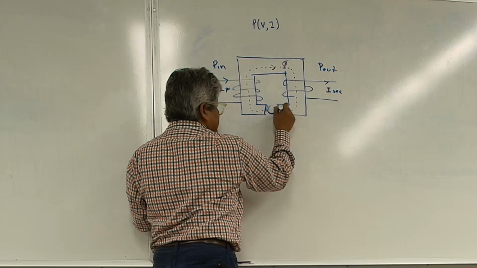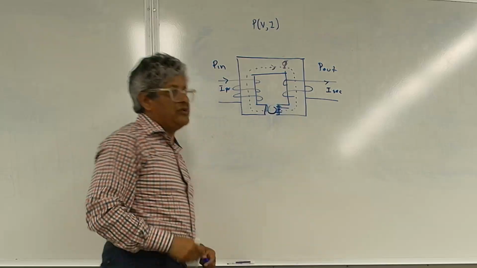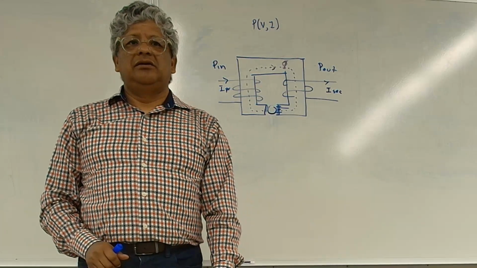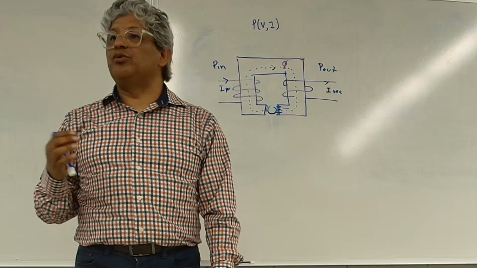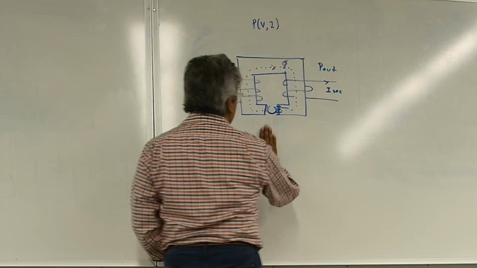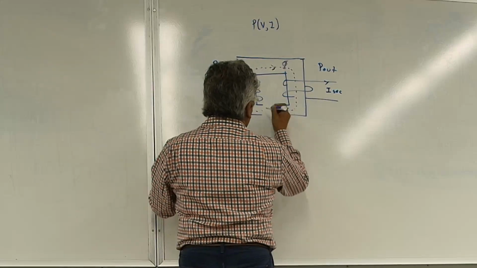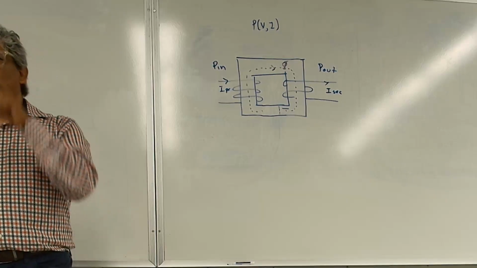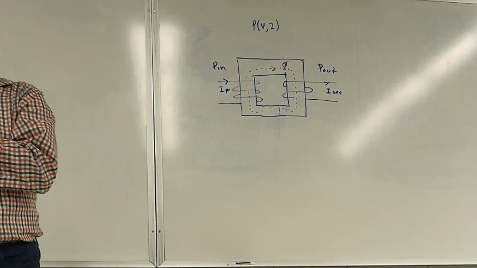So the flux lines have to go through air, and remember, air is not really good in handling it, right? So that's why rotating machines are not as efficient as transformers, because in the transformer, we don't have that problem. We assume that all of the flux lines are, once again, confined within the core.